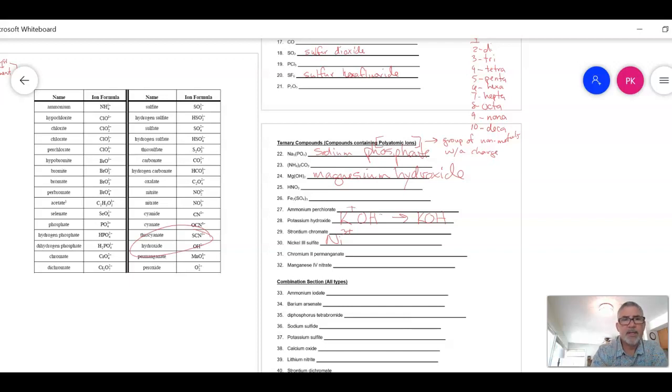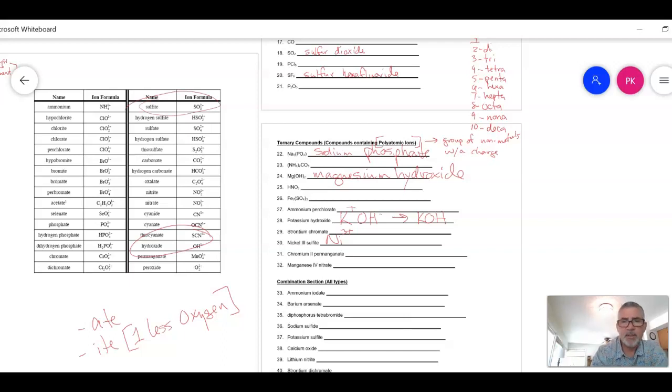But the thing is, ates and ites. So ite means one less oxygen. So if sulfate is SO4, oh, here's sulfite on top. Sorry, I didn't see it.